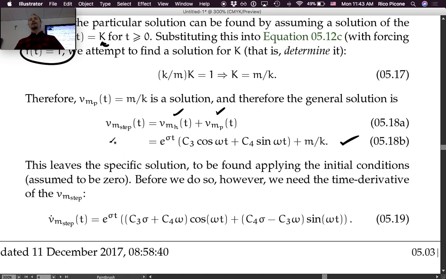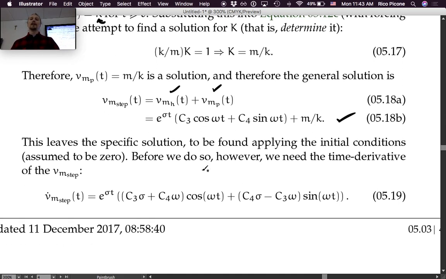And then for the general solution, applying the initial conditions is typically one of the relatively easy parts. But in this case, it's a little tougher because you have to take the time derivative of this function, and this is a product rule situation, so you get kind of a mess. Because it's a second order system, you need two initial conditions.